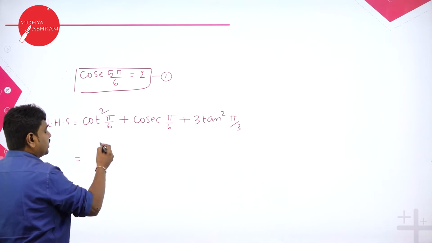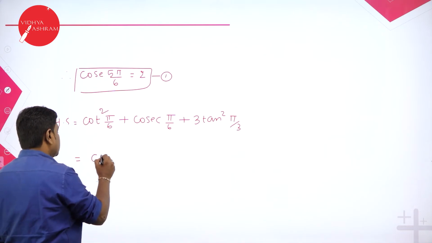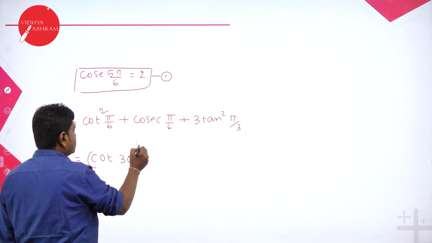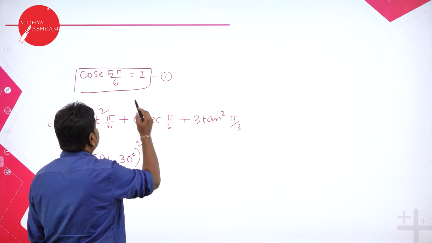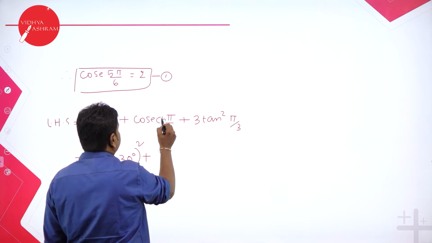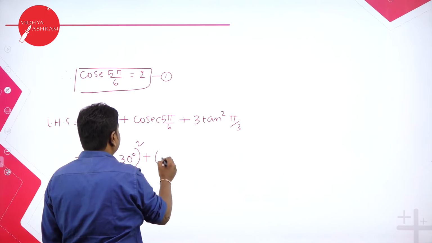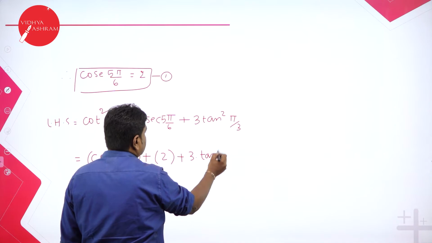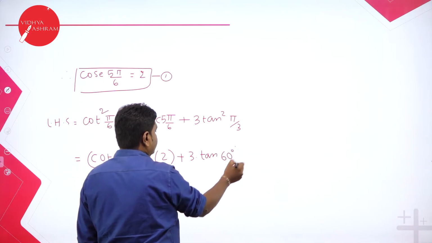Now cot 30 whole square, since pi by 6 means 30. Cosecant 5 pi by 6, equation 1 says it is 2. Plus 3 times tan 60 whole square.